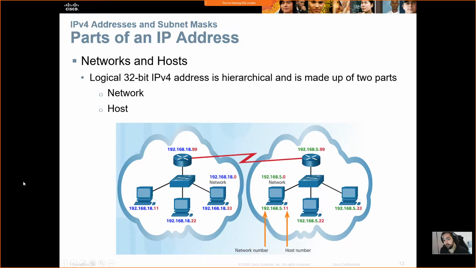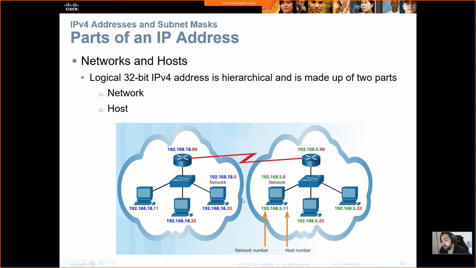So if I move this computer from this LAN into this LAN without changing the IP address, this computer will carry the same address and it won't be able to communicate with the other devices, even if I connect the cable physically. And that is because the IPv4 network address needs to be shared.